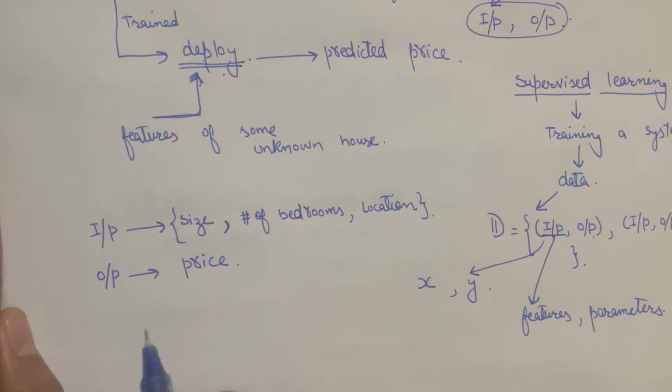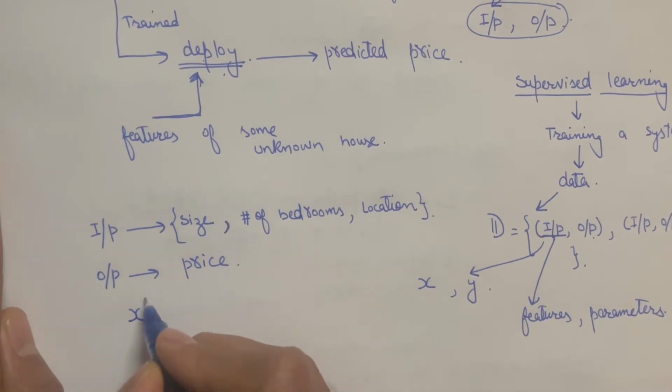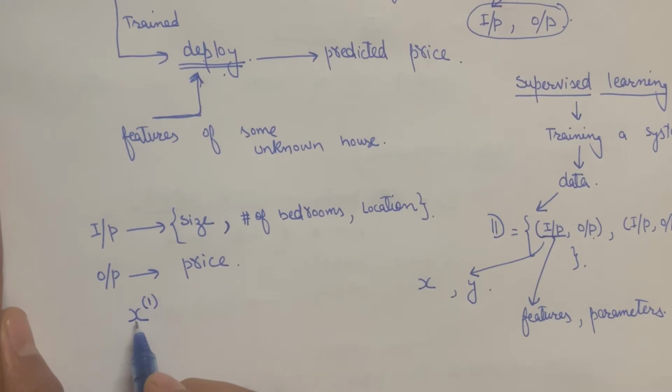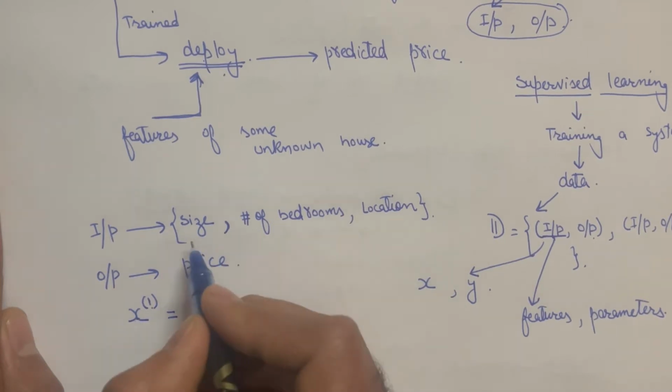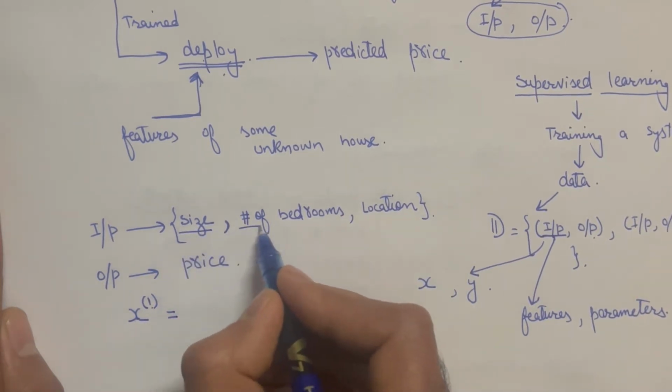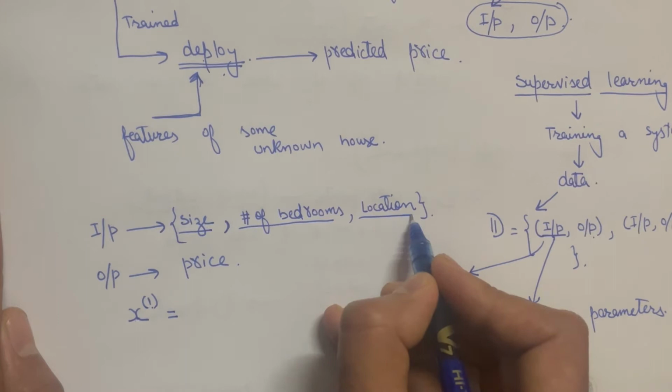Since we represent input by x, let's say x1. If I am writing x1, it means the features of the first data point. What is x1? x1 is size, number of bedrooms and location.